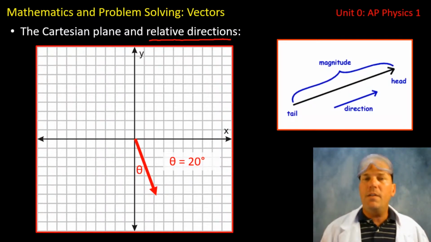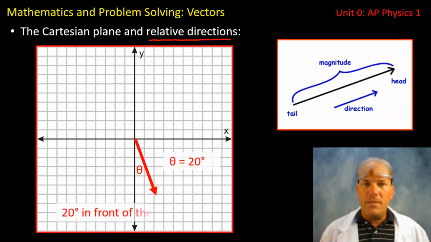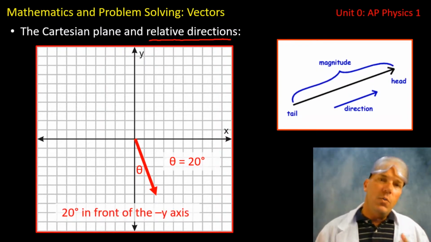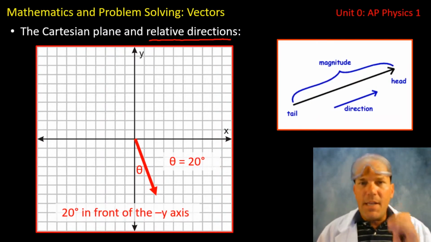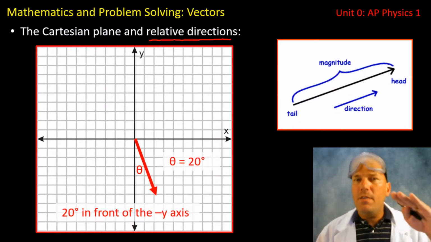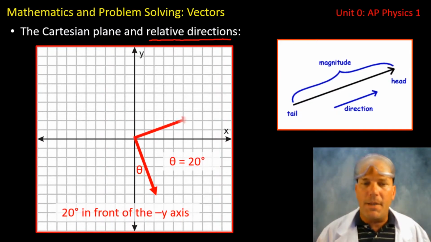This is relative to a given frame of reference, a given position. So in this case here, we would describe this angle theta as 20 degrees in front of the negative y-axis. That would be an acceptable way to describe this relative direction on the Cartesian plane.